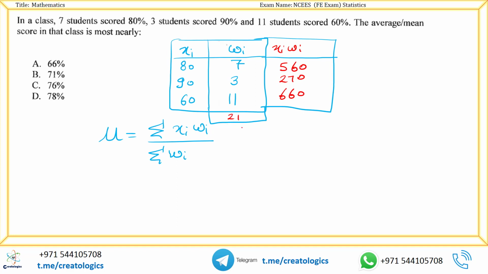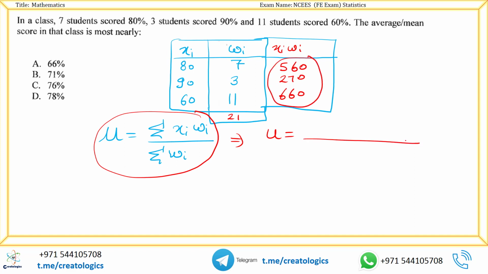So we have everything now. When we use the calculator to calculate the mean, the numerator is 560 plus 270 plus 660, and the denominator is the sum of all the frequencies, 21. So use the calculator, you will get your answer as 70.9.